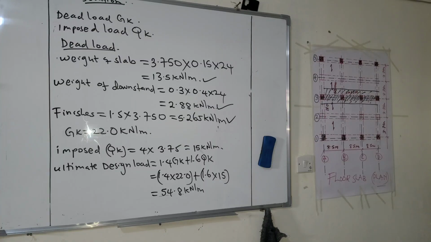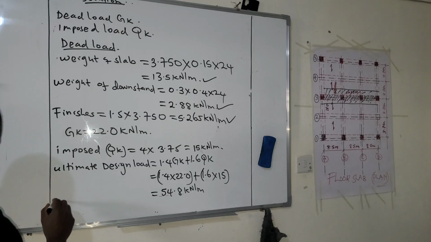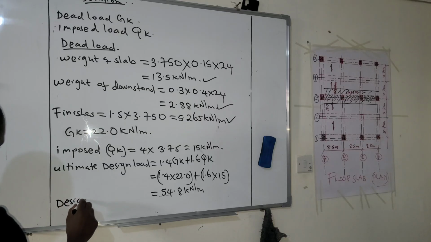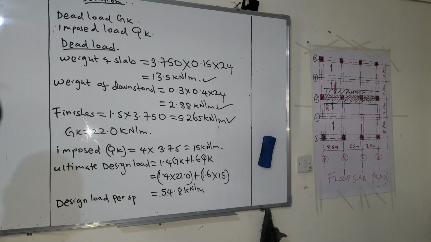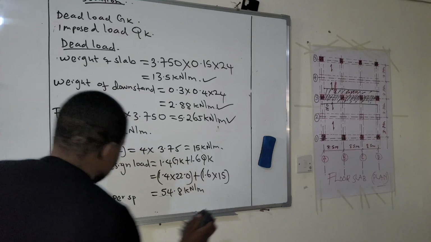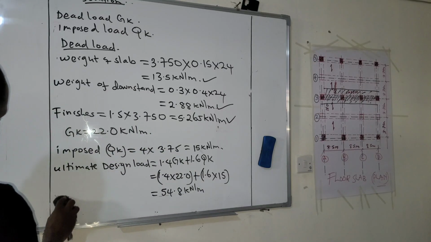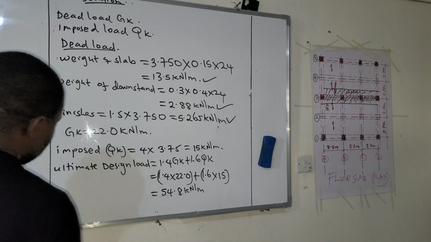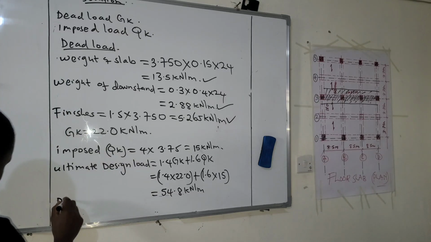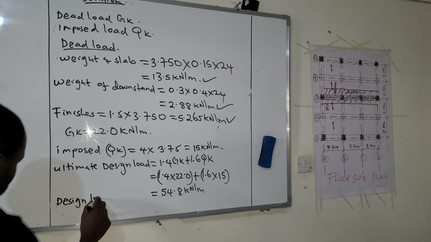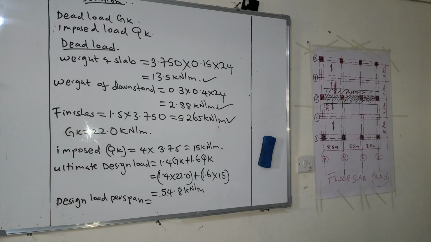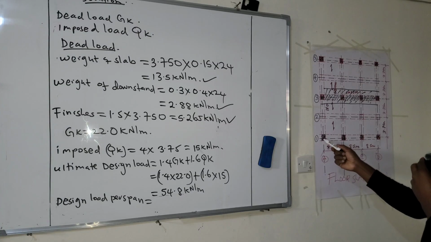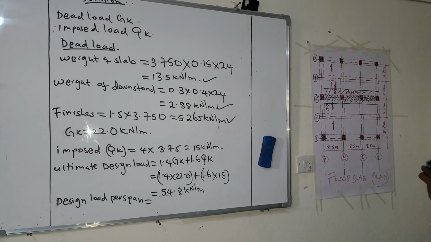So design load per span is equal to, as you can see, our span is 8.5 from here to here, which is 8.5 meters.